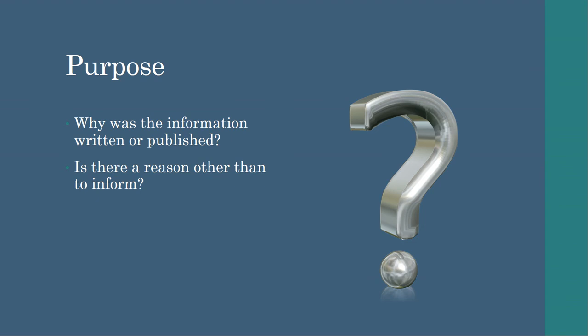If you must use biased sources, look for sources on both sides of the issue to try to bring balance. Another purpose you might encounter, especially in internet sources, is to misinform. These sources are deliberately misleading and should be avoided unless being used as an example of misinformation. For what other reasons might someone publish information?